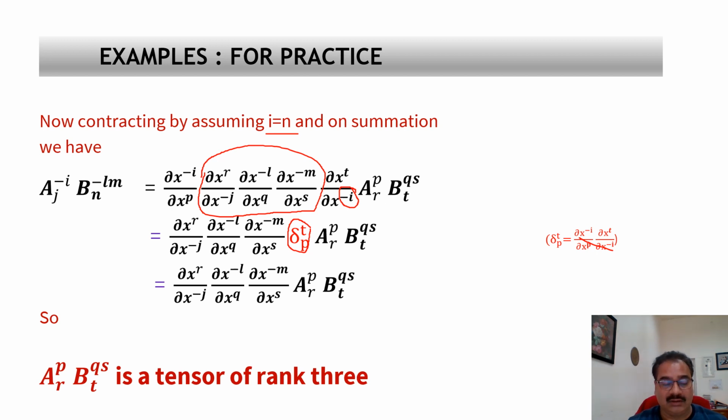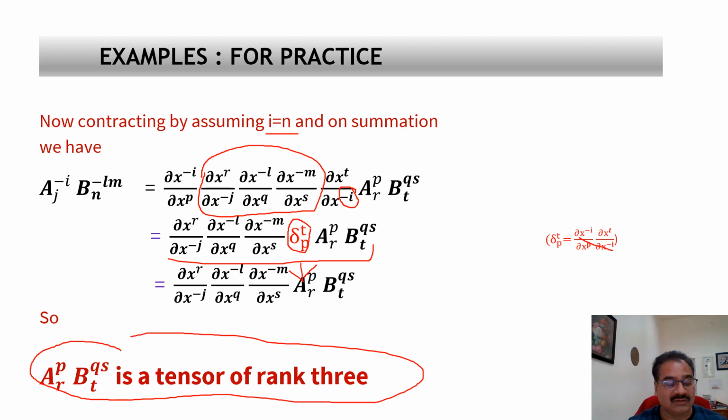Then you may write it from here to here, in place of this whole expression. It means it is clear that A^pr B_qst is a tensor of rank 3, and you have established that this is a tensor of rank 3.